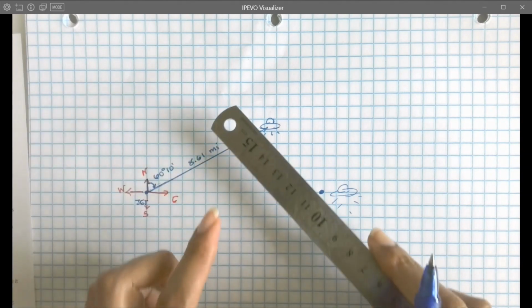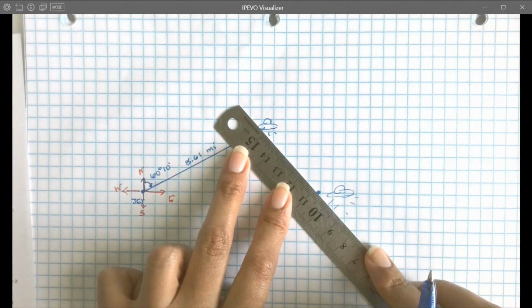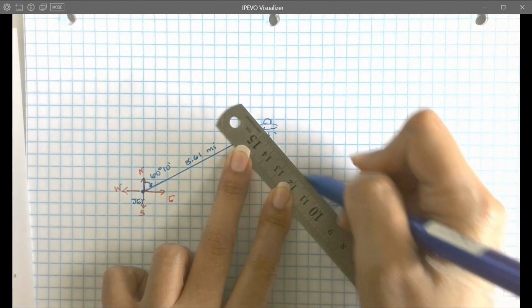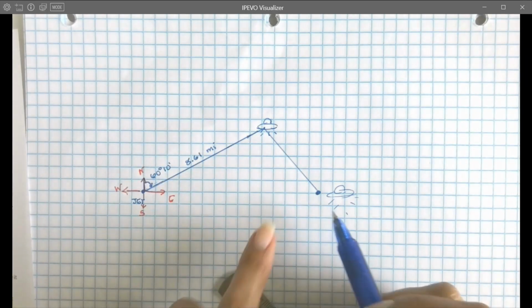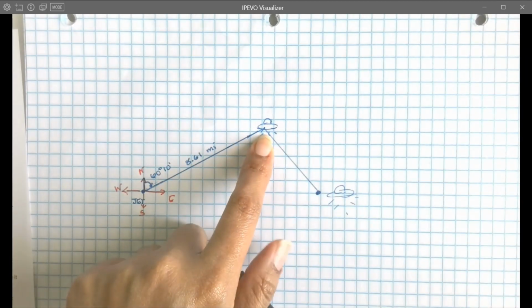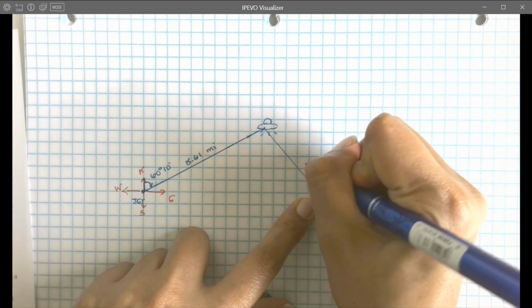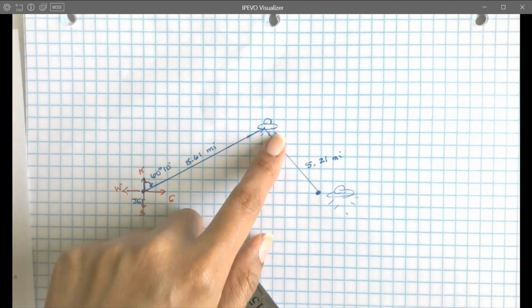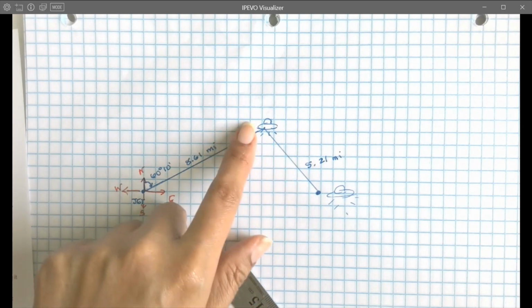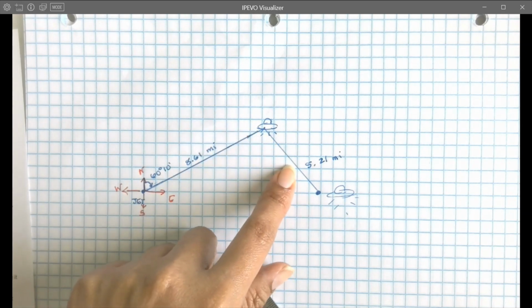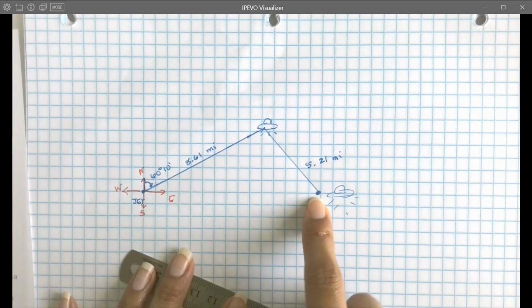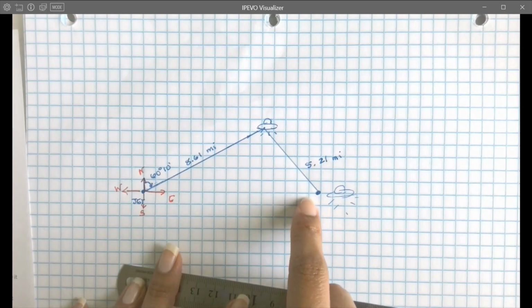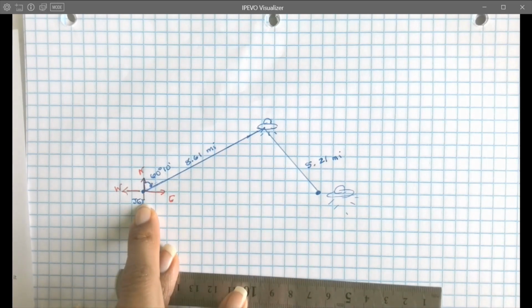So even though we don't know what the change in bearing was, eventually we are going to be able to find it because we know that it traveled in this direction for 5.21 miles. It was only while it was traveling in this direction that we couldn't really tell how it had rotated. But later on we did find that it was directly east relative to the jet.